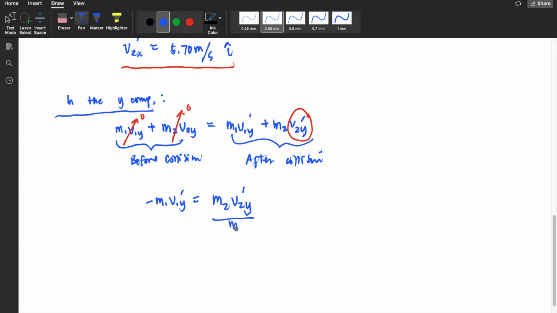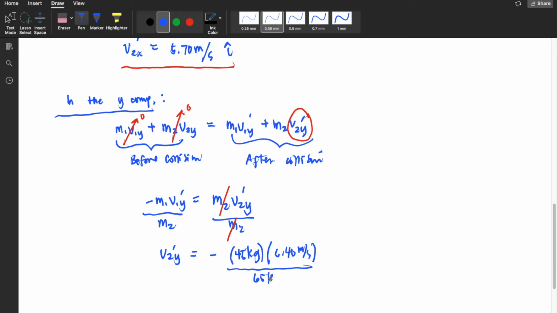Divide both sides by m2, so your v2y' is simply equal to negative 45 kilograms multiplied by 6.40 meters per second, all over mass 2, which is simply 65 kilograms.